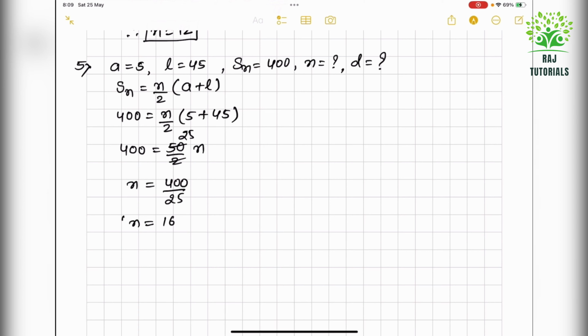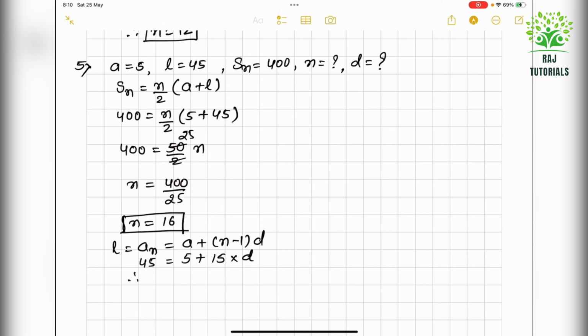Now I have got n. Now I know that the last term we call an, which is equal to a plus n minus 1 d. So n is 16. So I can say 5 plus 15 into d equal to the last term, 45.